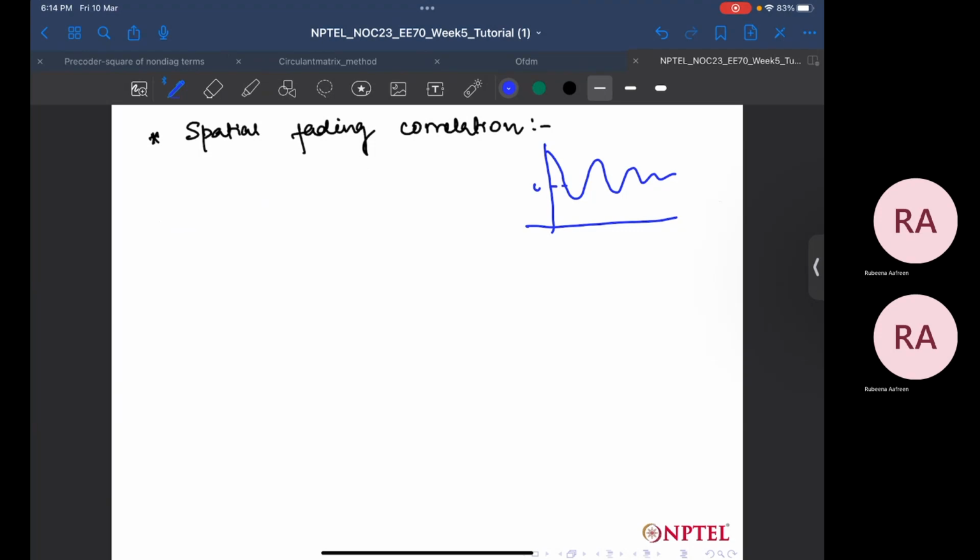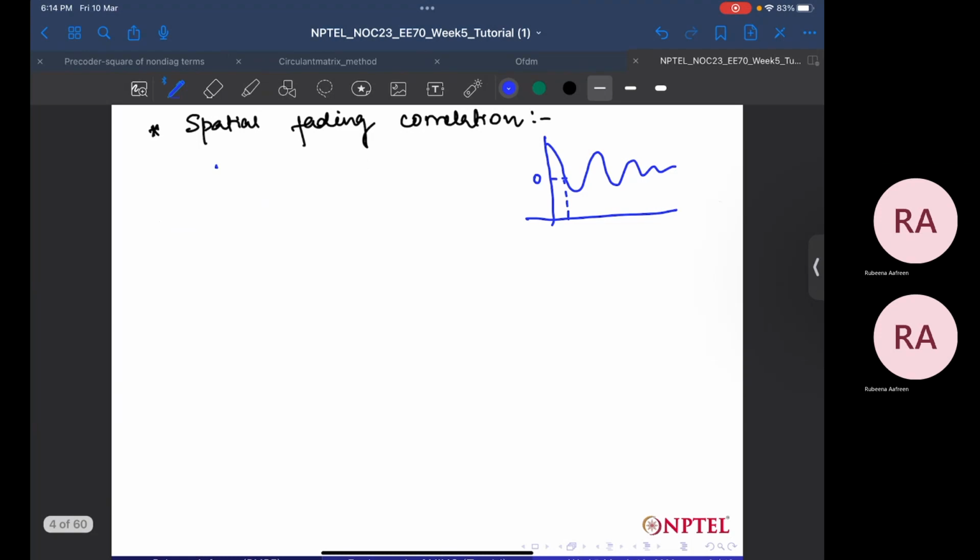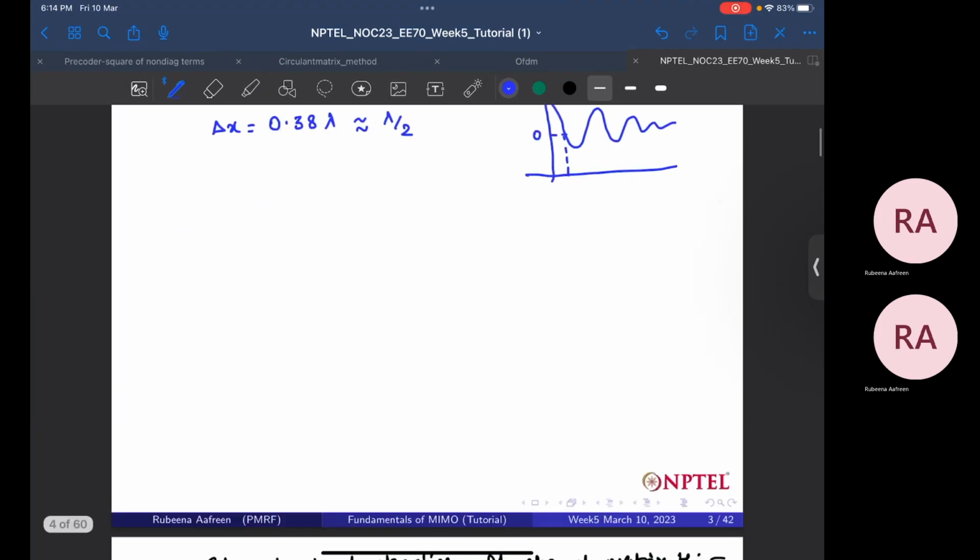We have seen that the correlation is 0 if delta x, the antenna separation, equals 0.38 times lambda, or we can approximate it to lambda by 2. In such a case the correlation is 0.